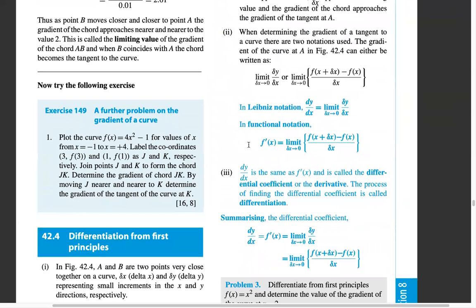So what they say, the limit of this fraction as delta x tends to 0 is the limit of this fraction here, f of x plus delta x minus f of x over delta x, right? Now you tell yourself, well, just substitute 0 for delta x, right? But yeah, that wouldn't work.